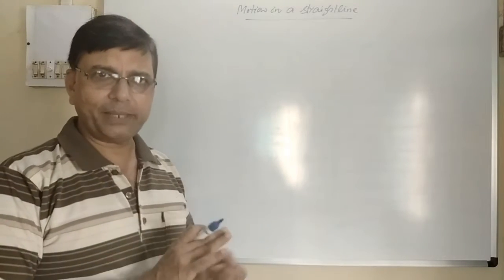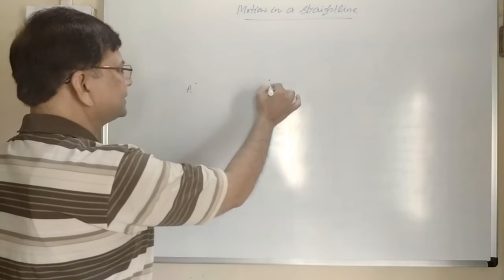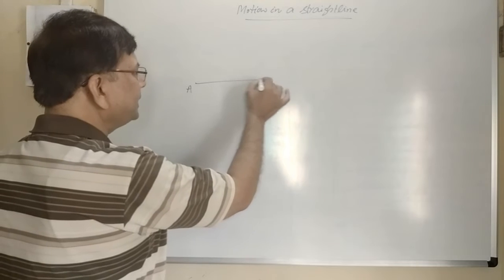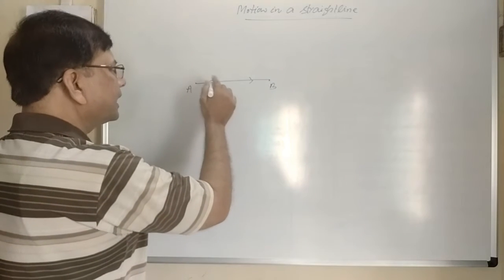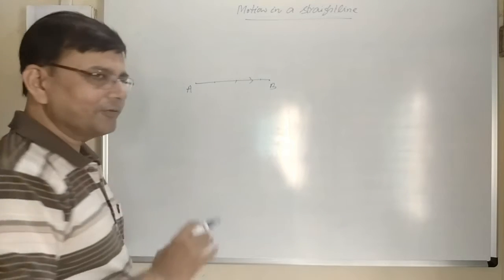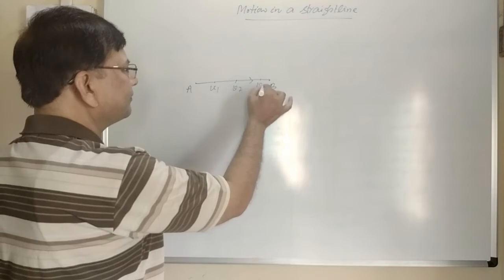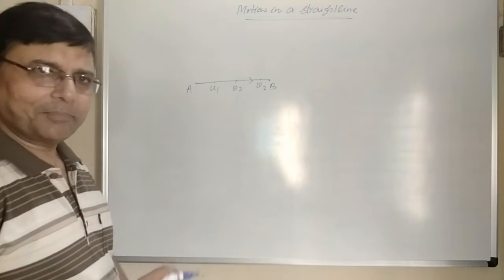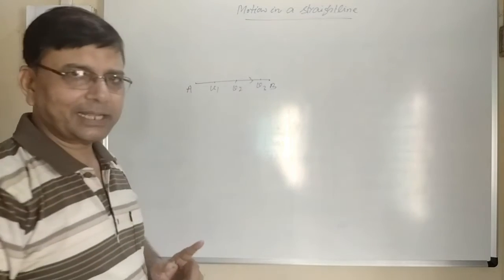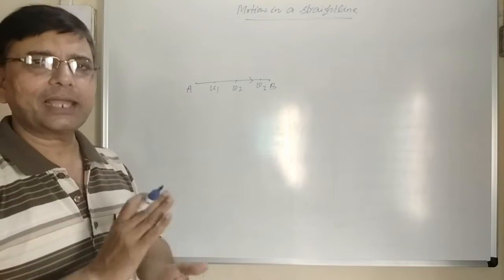In between A to B, this point A, this is B, the object is moving. So in between these two positions, at this point, at this point, at this point, the velocities may be different: V1, V2 and V3. But from here to here, displacement is taken and total time is taken. If we divide, then we get the average.